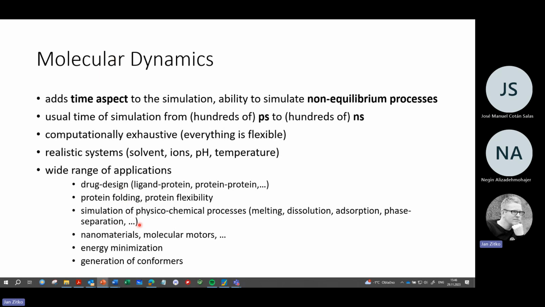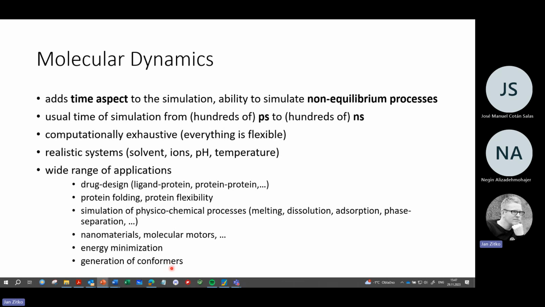In drug design, we can also use molecular dynamics to generate conformers, so the conformational analysis of small molecules. I will have another slide in this lecture explaining the advantages of this approach.